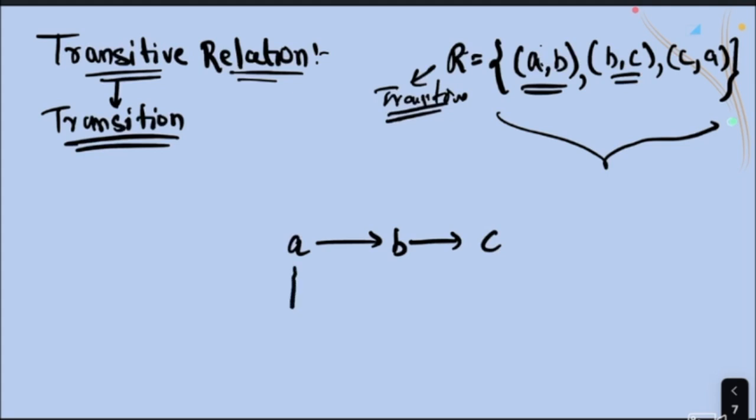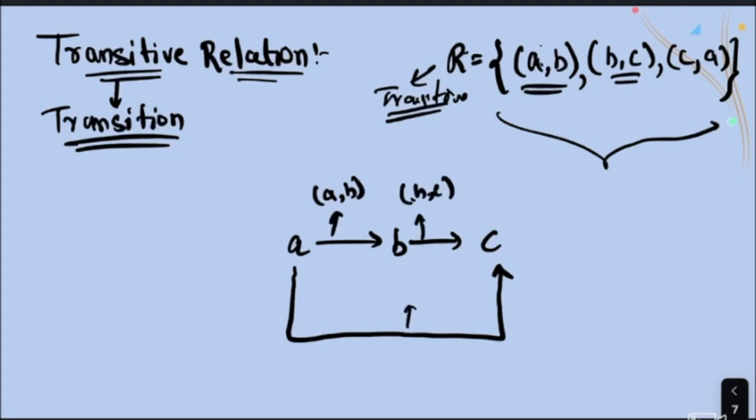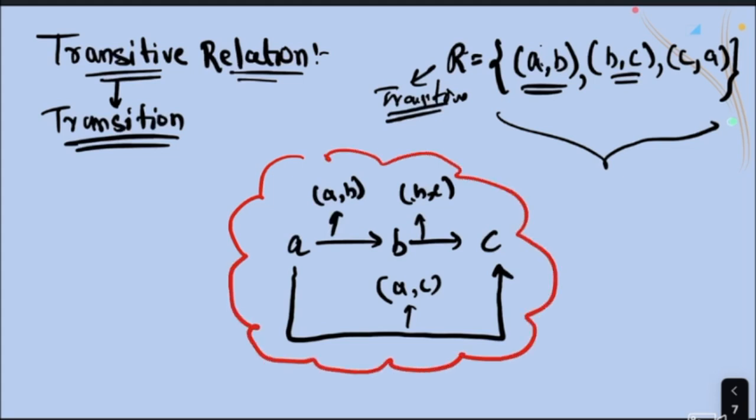And if you see, indirectly, you have reached from A to C. So this is representing A, B. This is representing B, C. And hence, this is representing A, C. The relation in which this type of closed loop is present is known as a transitive relation. You can see there's a closed loop.